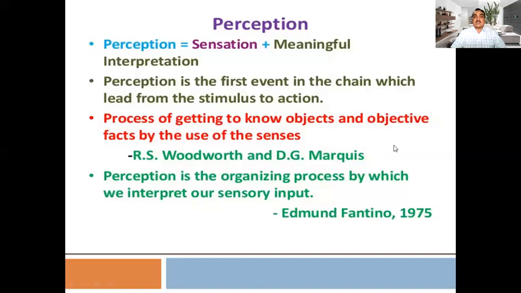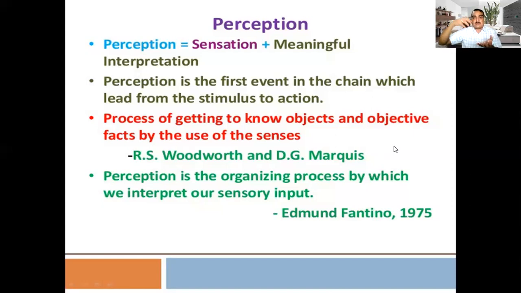Perception is the first event in the chain which leads from stimulus to action. Perception is the basic component required for every one of us in the chain which leads from a stimulus to an action.